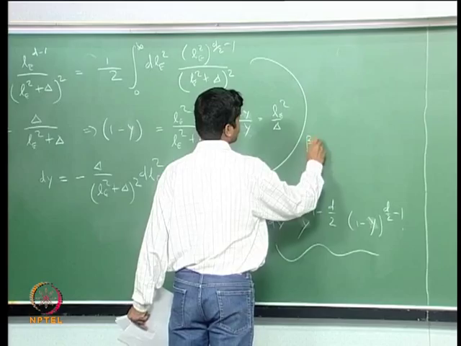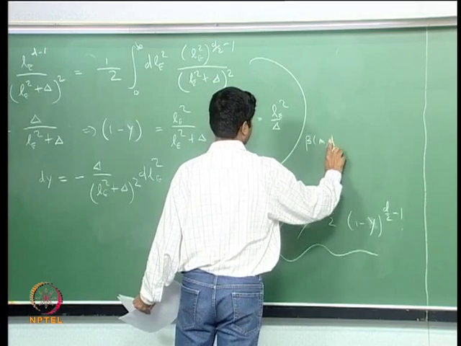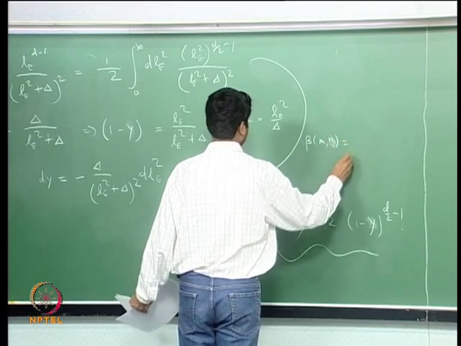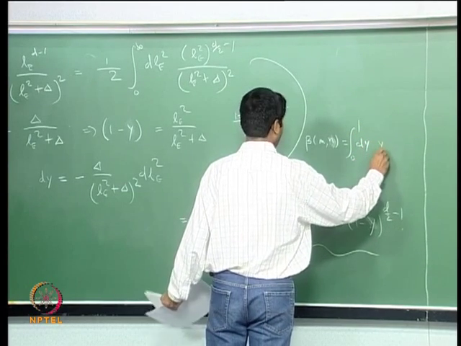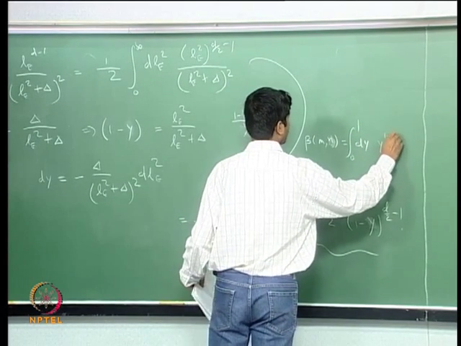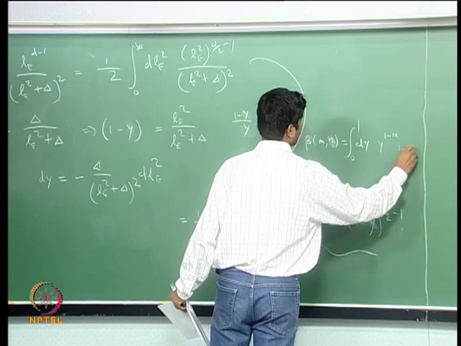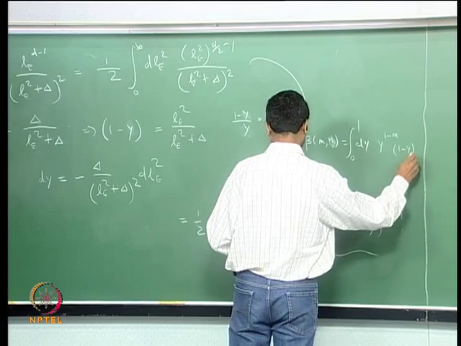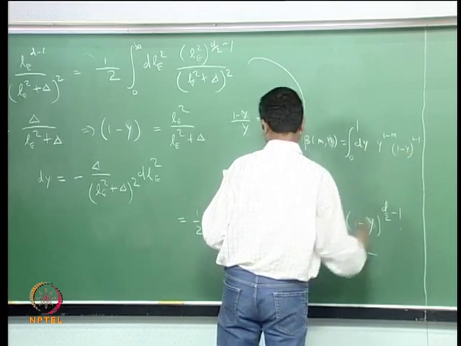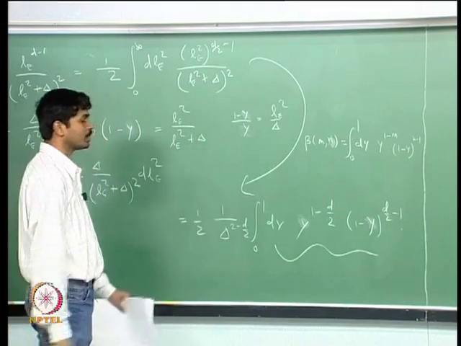Beta m n by definition is integration 0 to 1 dy y to the power 1 minus m, 1 minus y to the power 1 minus n minus 1. This is the definition of beta m n.